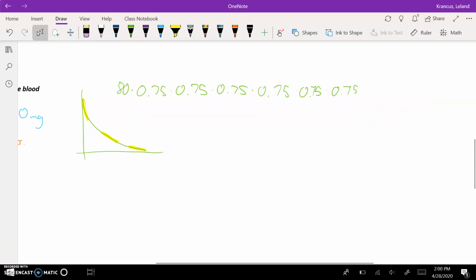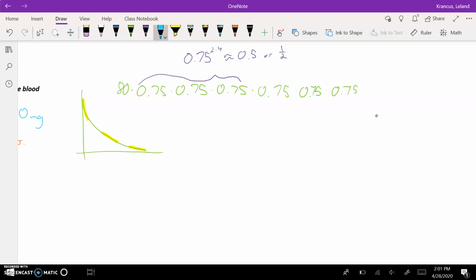And any stretch of 2 or 3 hours, so if you take 0.75 to the power, I think it's about 2.4, between 2 and 3, that is equal to about 0.5, or 1/2.